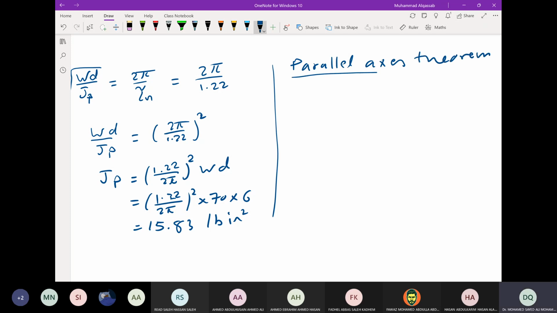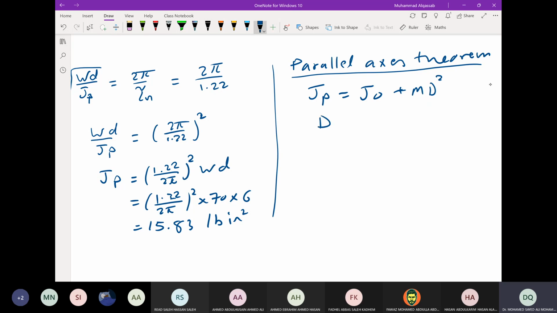In order to find J_O, J_P equals J_O, always written this way, plus m times d squared. What is d?